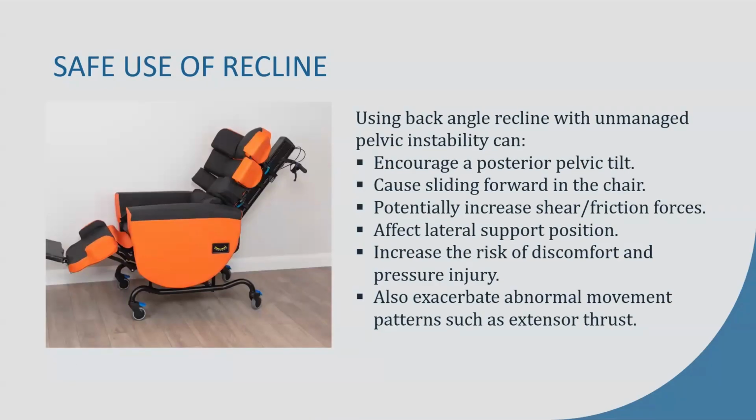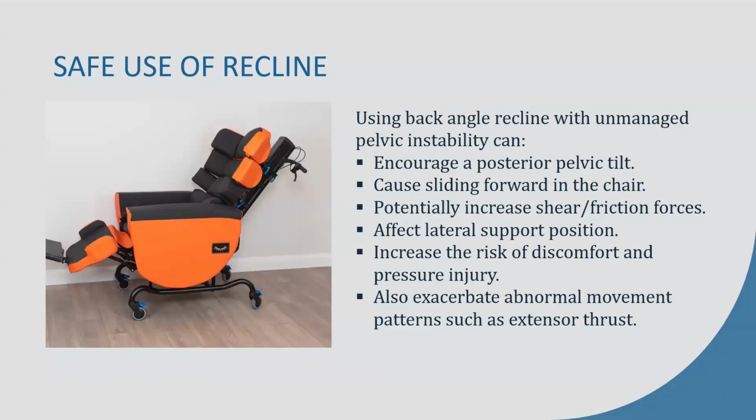When we talk about back angle recline, a big part of this is that pelvic stability, making sure that we have that security within the chair before we even consider utilising back angle recline throughout the day. Because if we have this unmanaged postural instability and we use back angle recline, we can encourage that sacral sit-in. So we can start seeing sliding down the chair, increasing those shear and friction forces.